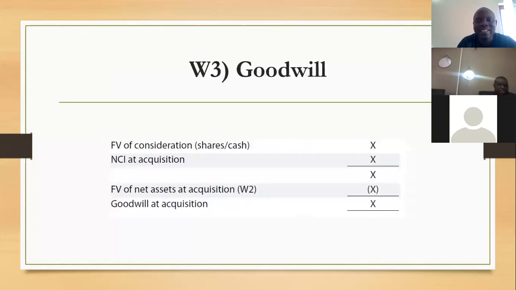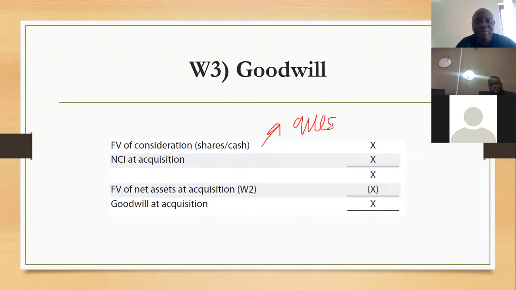So we got working 3, which is goodwill. The goodwill computations, which you have already done and are familiar with, start with the fair value of consideration, shares. This is given in the question.